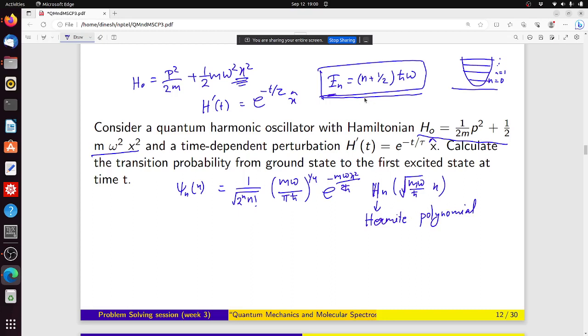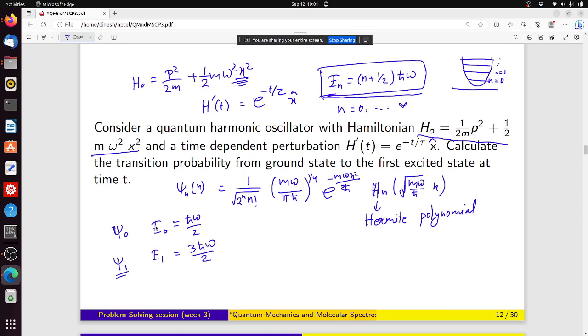So in this problem our n can go from 0 to infinity. So our ground state will be psi of 0 and the energy eigenvalue will be E0. E0 will be h cross omega over 2, right? Then our first excited state with energy E1 will be 3h cross omega over 2.